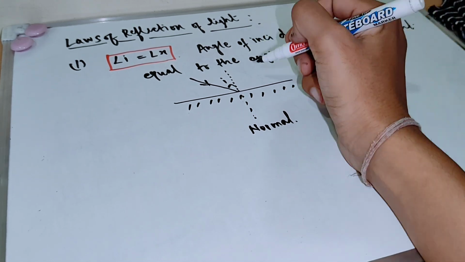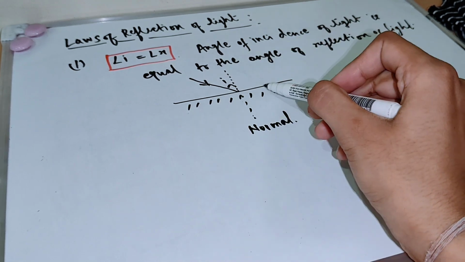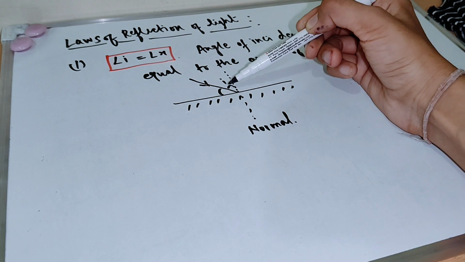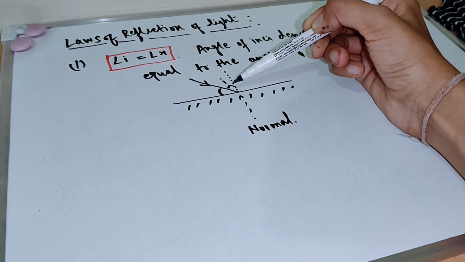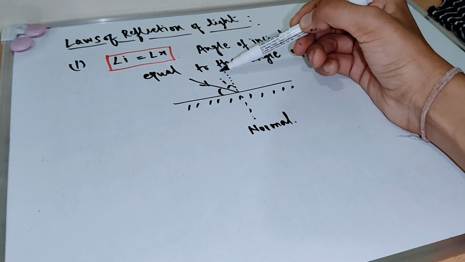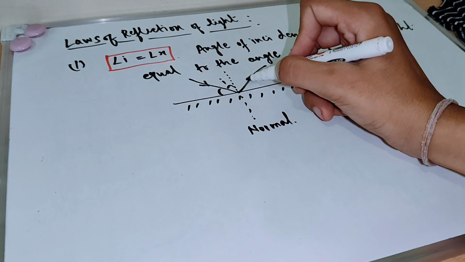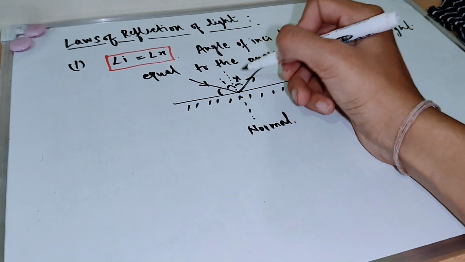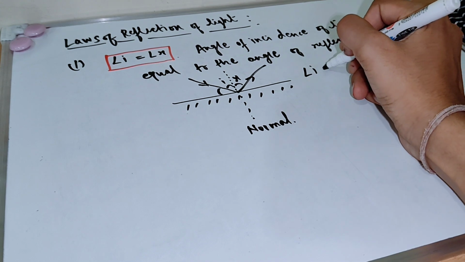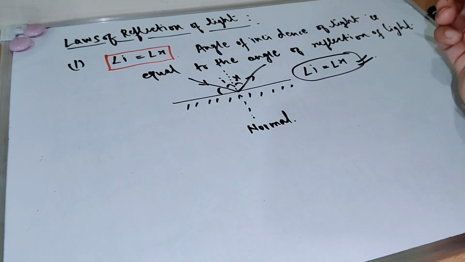With respect to the normal means that I am not measuring this angle, I am measuring this angle. That is what it means to be measured with respect to the normal. So if it is I with respect to the normal, and if it bounces back at an angle r with respect to the normal, then angle I must be equal to angle r. That is the first law.